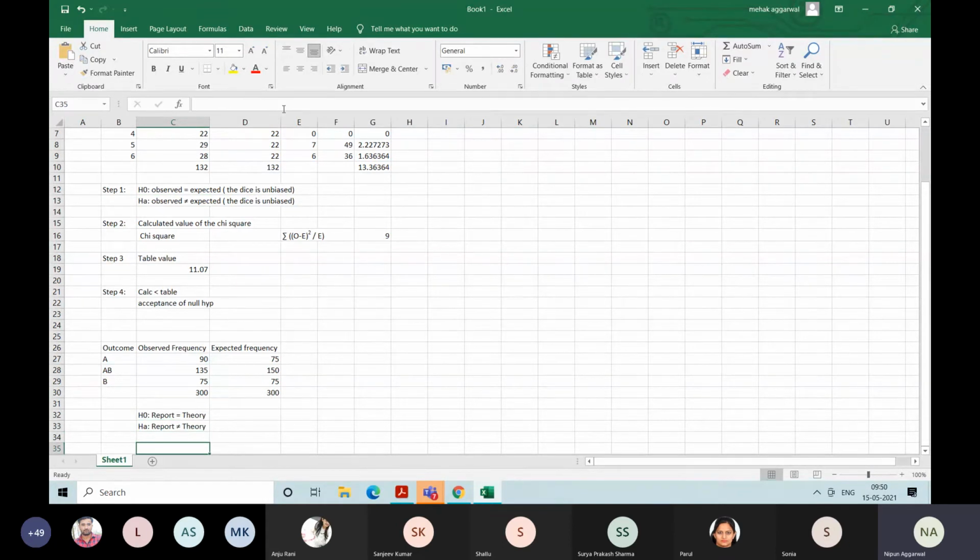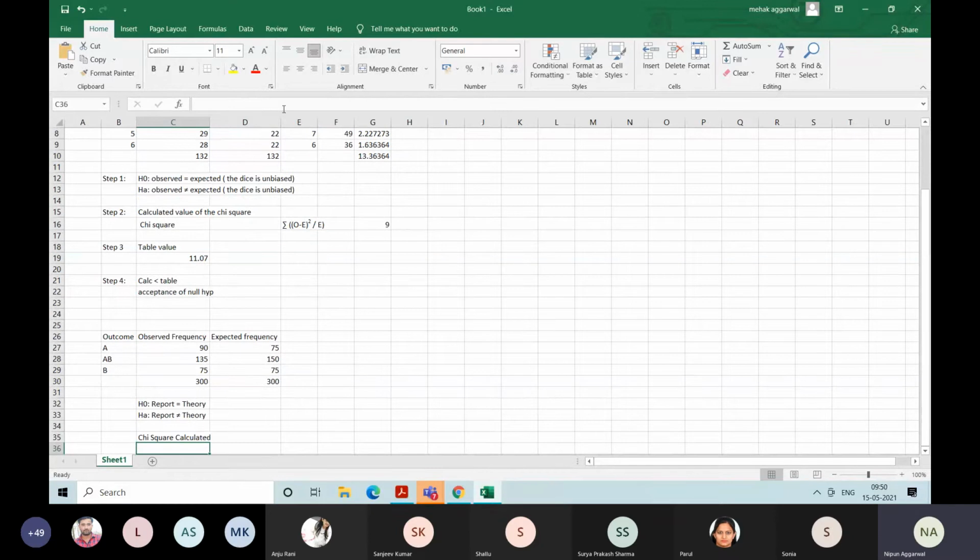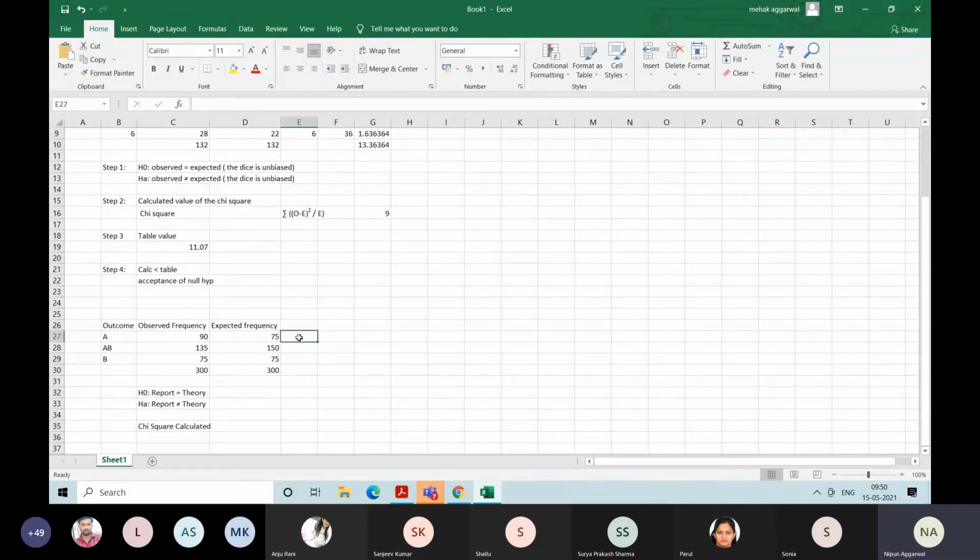Now step 2 is to find the chi-square calculated value. So first you have to find O minus E, which is observed minus expected. Then you have observed minus expected square.